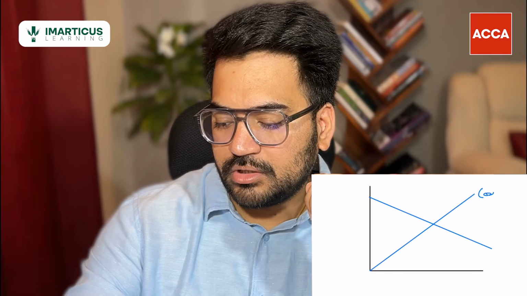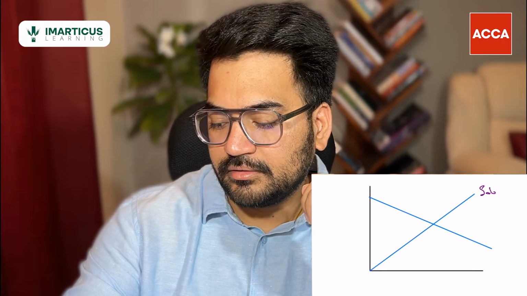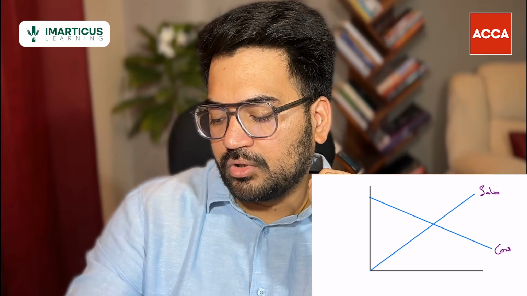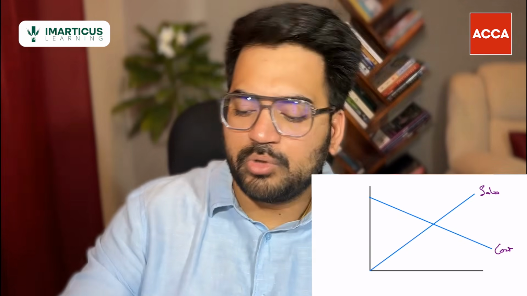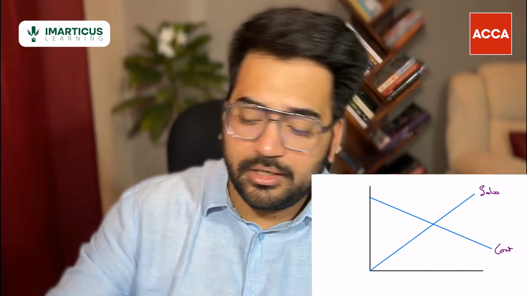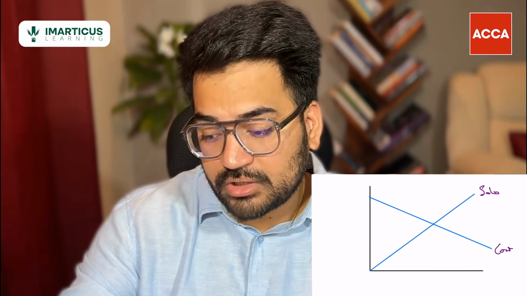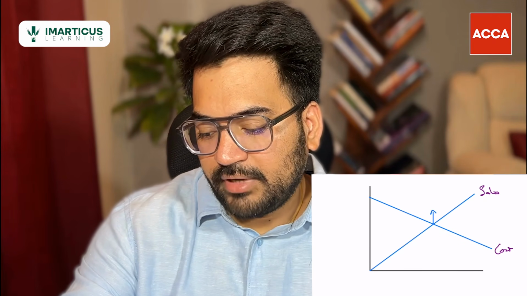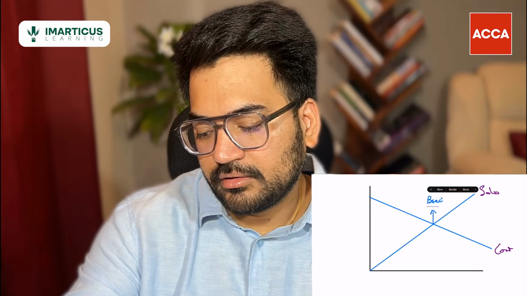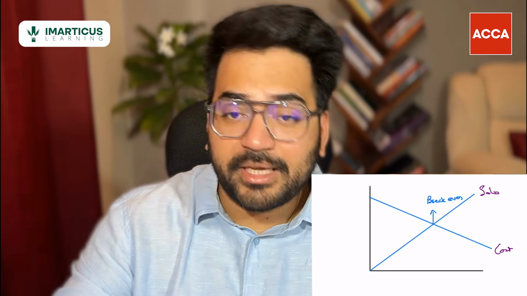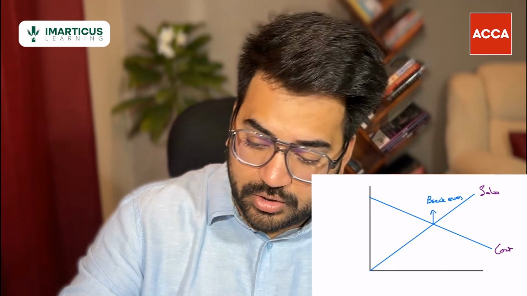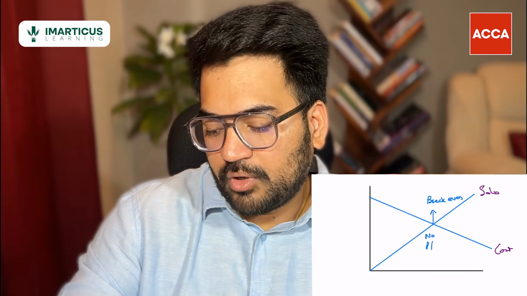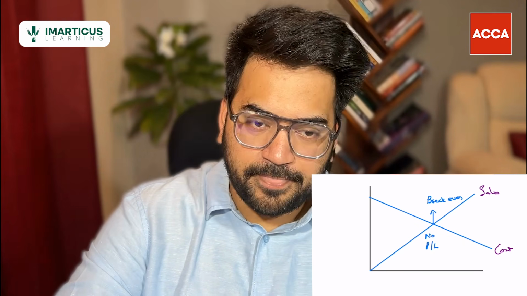As I produce more and more units, fixed cost per unit will come down, but variable cost will rise. So this is the point where I am breaking even, where I am making no profit, no loss, right?